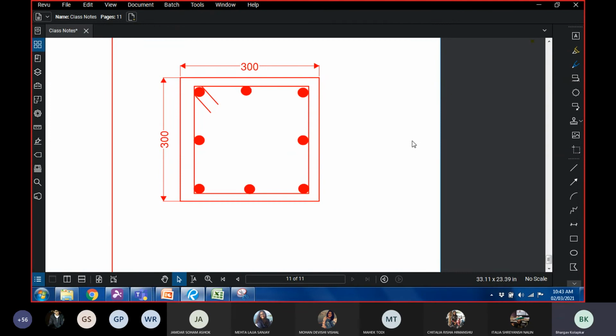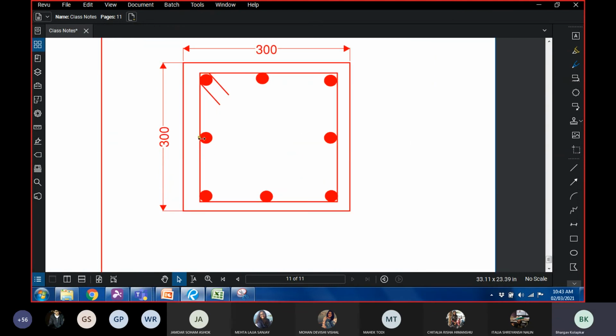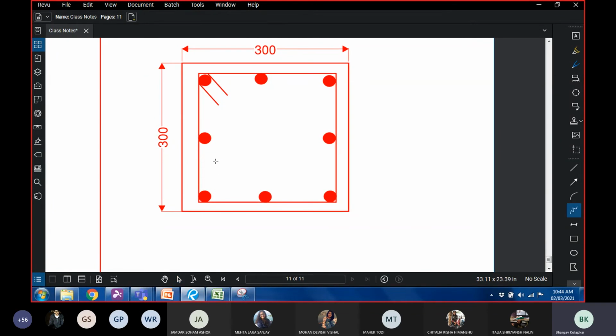So normally what is done in practice is whenever this spacing is greater than 75 mm, you want to remember this number, okay? This is for your information. Whenever this is greater than 75 mm, there's always a cross tie provided.